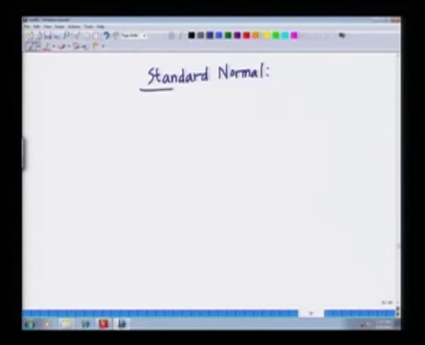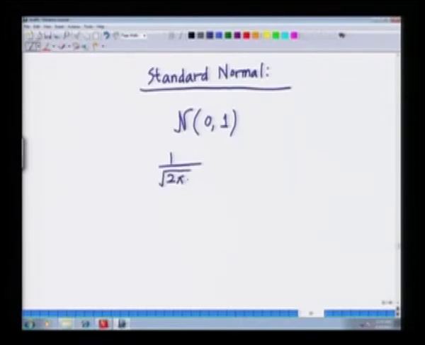It is simply the Gaussian random variable with mean 0 and variance 1, and that has a PDF which is, obviously, since sigma square is 1, 1 over square root of 2 pi, e to the power minus, since mu is 0, x minus mu is x, and x square divided by 2 sigma square is simply x square divided by 2.